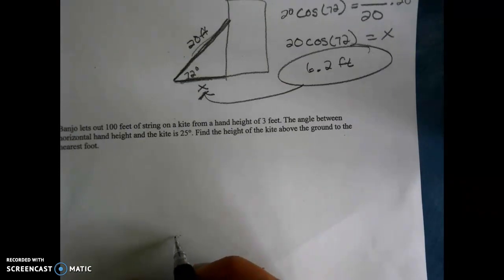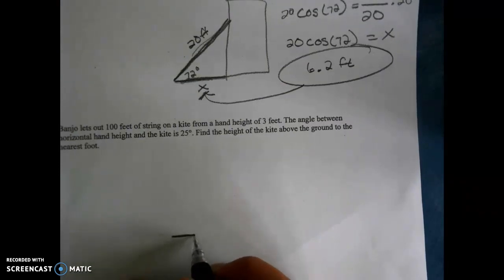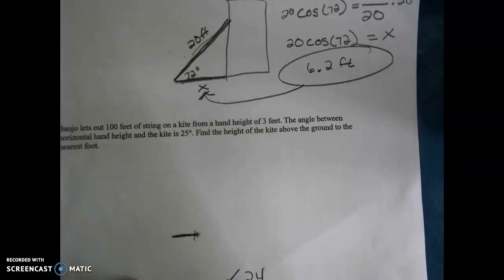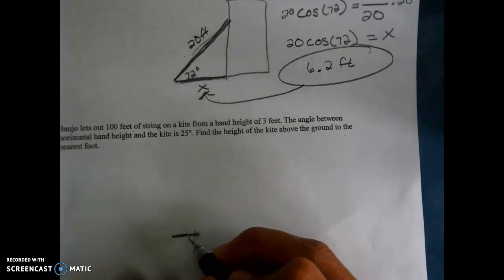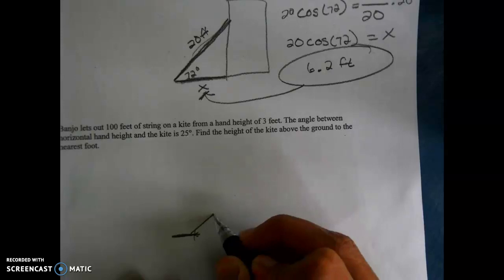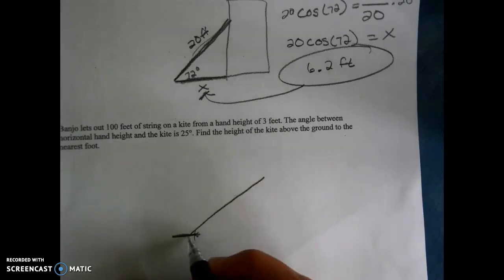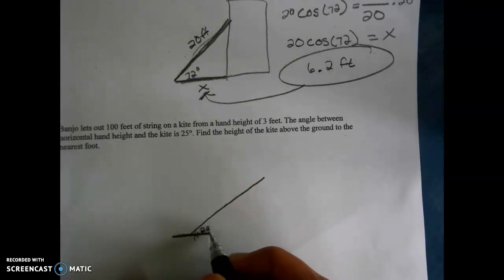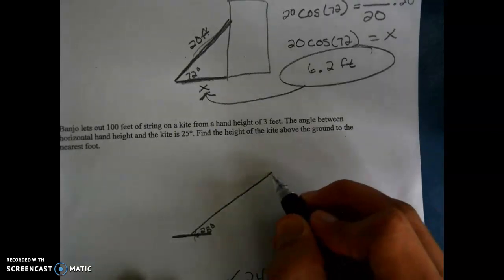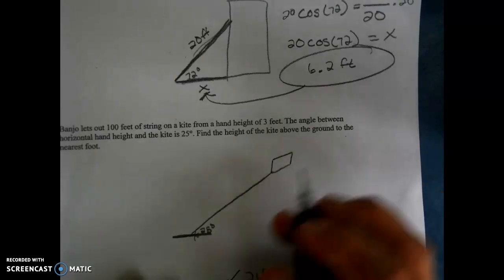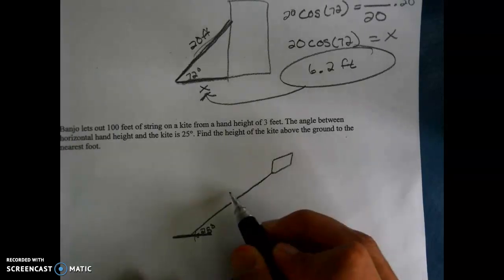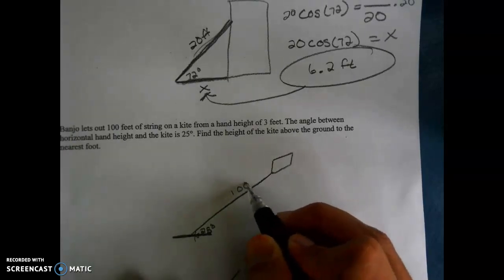Okay, so let's just say this is the hand height right here. We can say that's his hand. Okay, well the angle made from this is 25 degrees. So we'll say right here, this is 25 degrees. Okay. And his kite is attached to this. Okay, well this is 100 feet he let out.